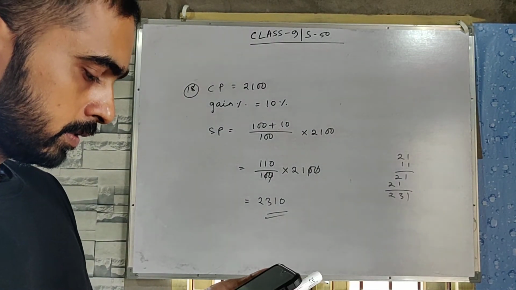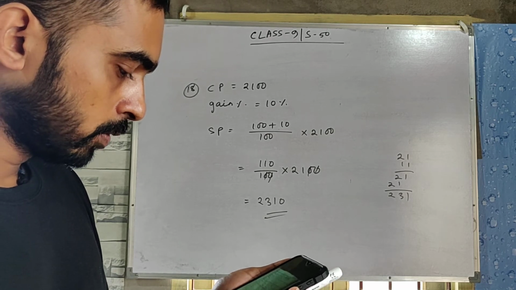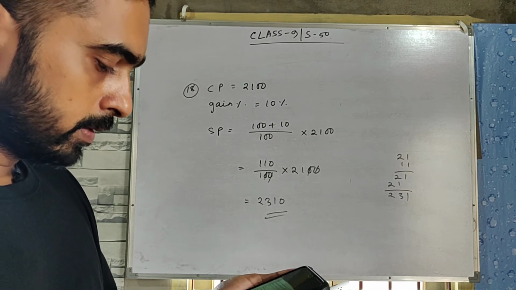Now question 21. Lemons are sold at a profit of 20% after buying 4 for one rupee. What is the SP of one lemon?